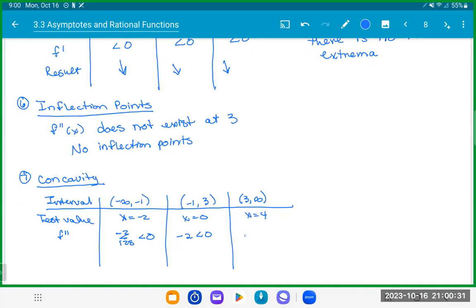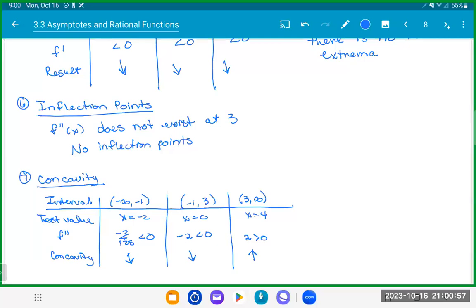And my second derivative evaluated at 4 gives me 2, which is greater than 0. So I'm going to be concave down for the first two where they're less than 0, and then concave up for the one that is greater than 0.